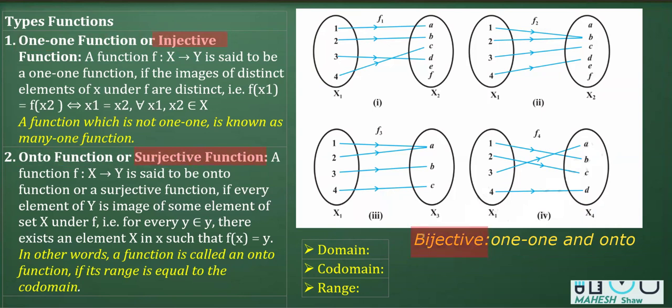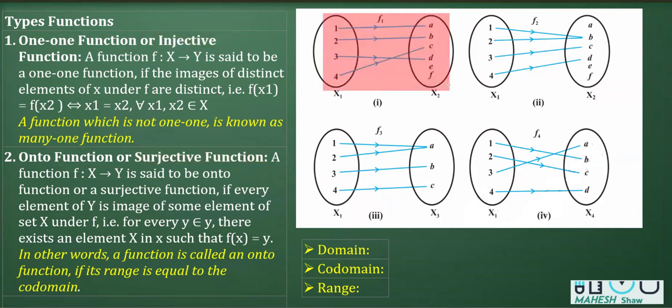So if you look into the bijective, we can see the first one is 1 to 1, but it is not onto, as the elements E, F are part of the codomain, but not part of the range. So it is just 1-1, but not onto. So it is not bijective. So we can say that this is not a bijective function.